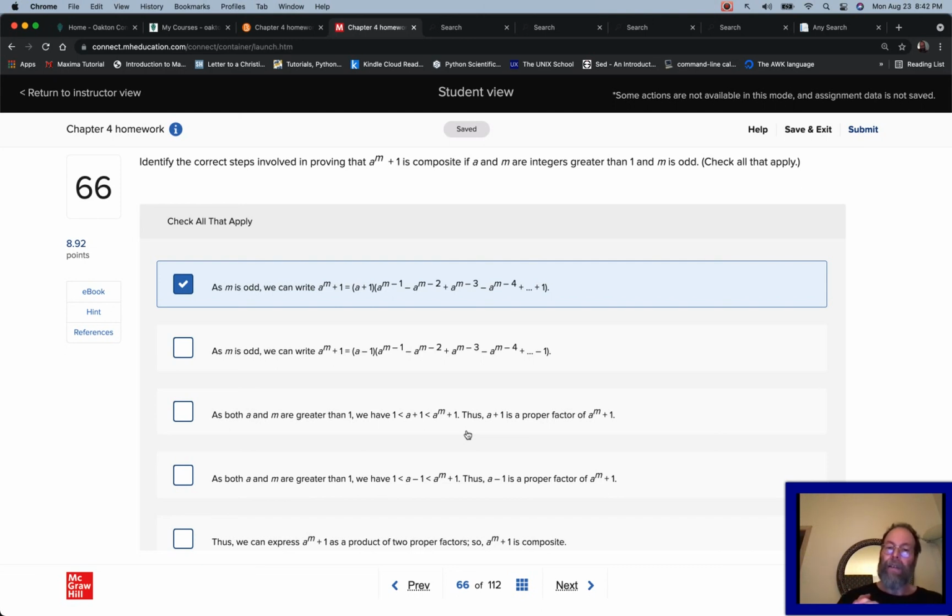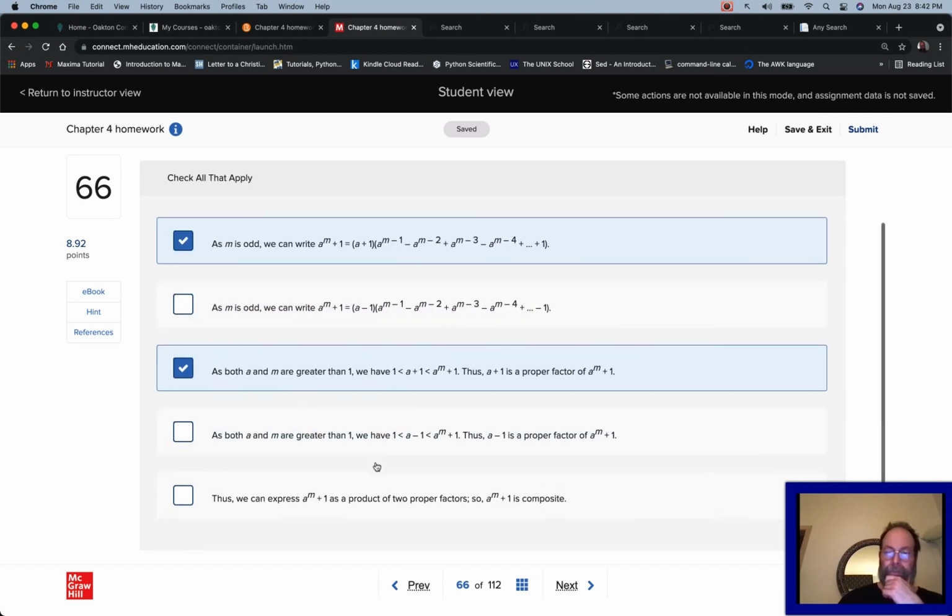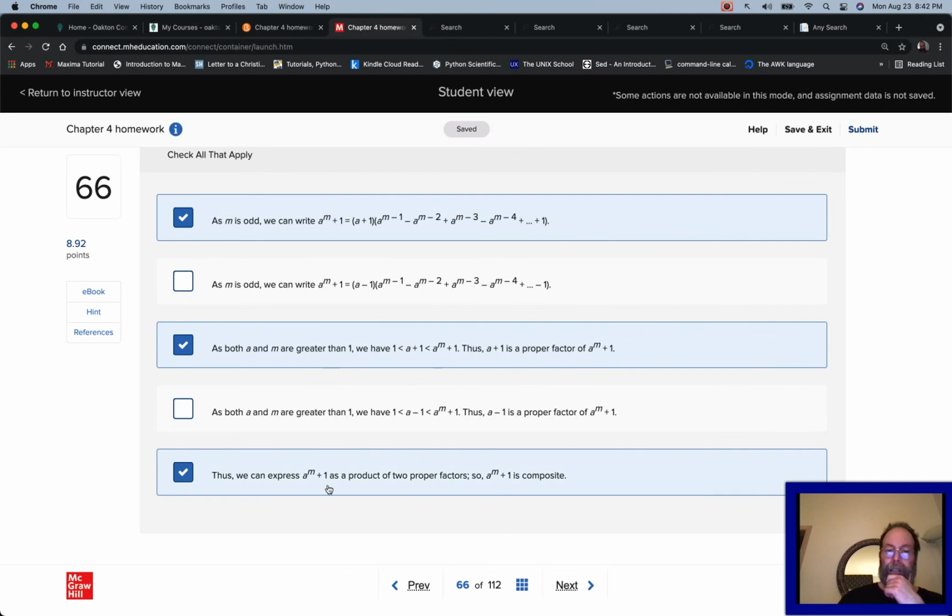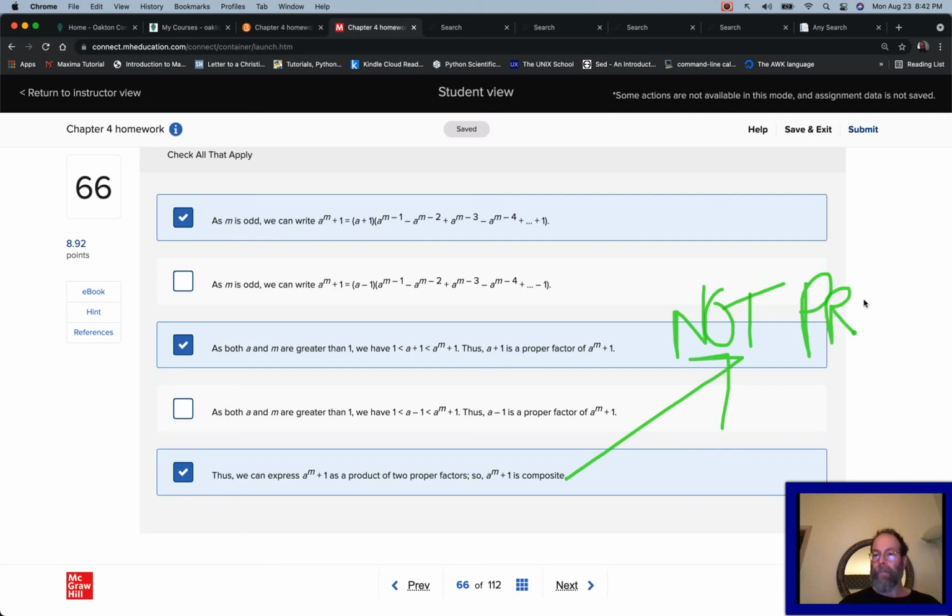Thus, we can see that a plus 1 is a proper factor of a to the power m plus 1. Thus, we can express a to the power m plus 1 as a product of two proper factors, which means a to the power m plus 1 is composite. Composite means the same thing as not prime, right?